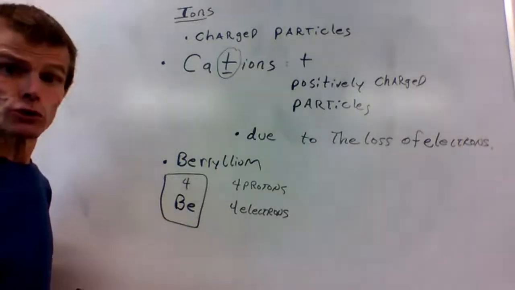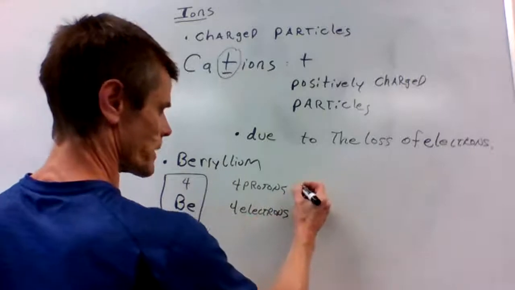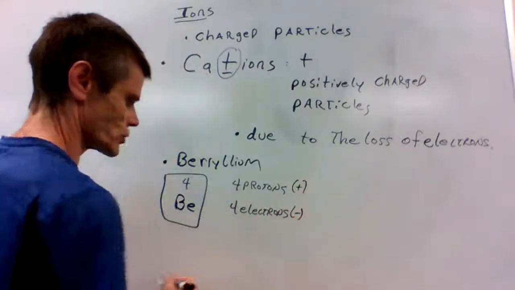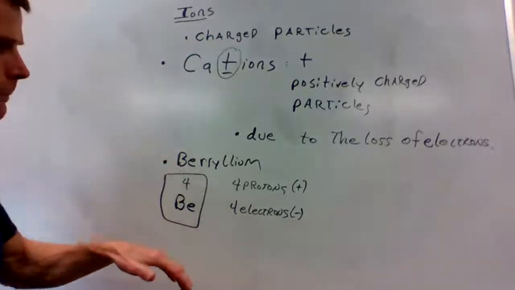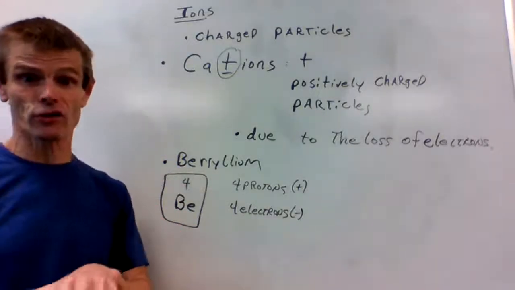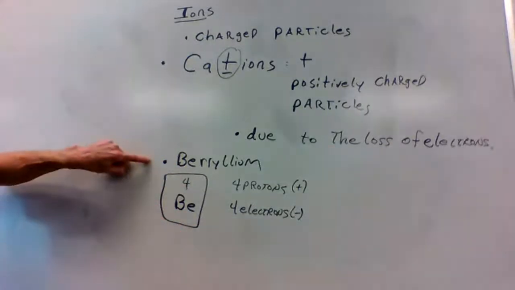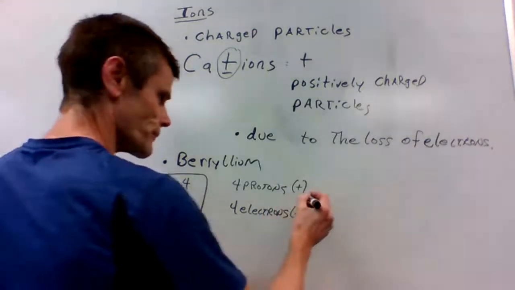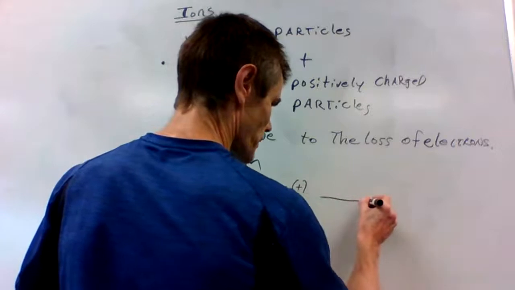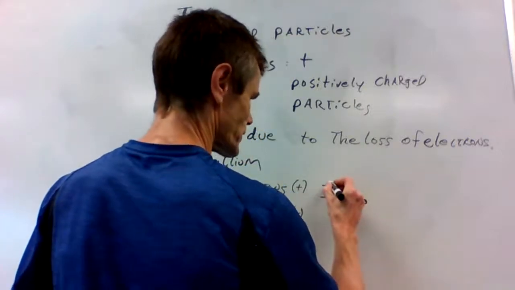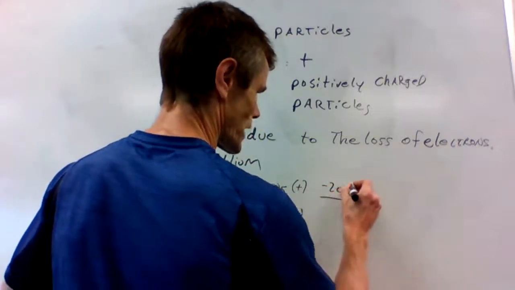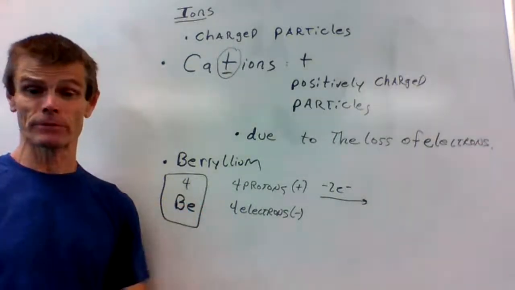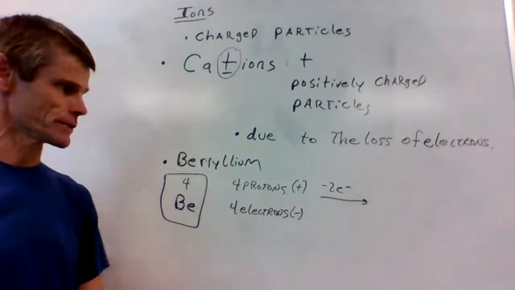Beryllium might lose 2 electrons. So let's just make sure we remember these are positively charged. These are negatively charged. And when we have equal numbers of positive charge and negative charge particles, beryllium is a neutral atom. What happens if we take this beryllium atom, and we're going to put a minus sign, just like we're subtracting, we're going to remove 2 electrons from those surrounding the nucleus.